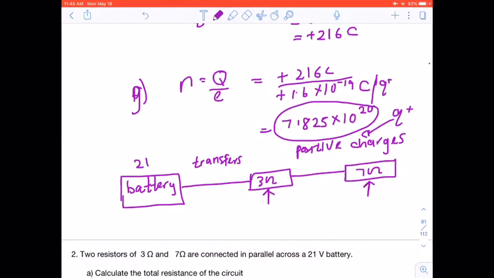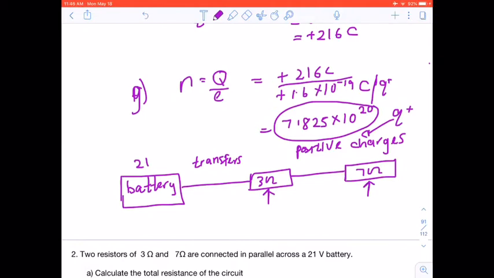That is why we say at every element in the circuit there is a potential drop. In a series circuit there is a potential drop, so some of the potential energy of the battery is dropped at the 3 ohm and the 7 ohm resistor. And when that's dropped, the energy in the battery is less.